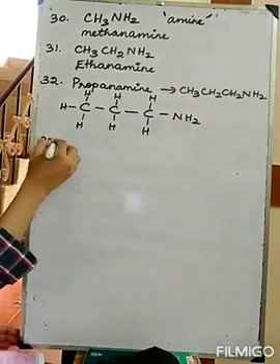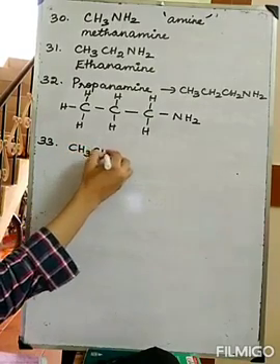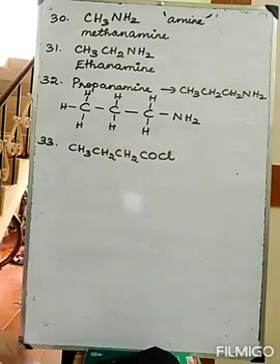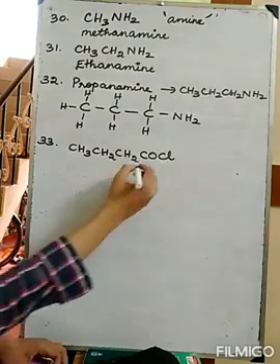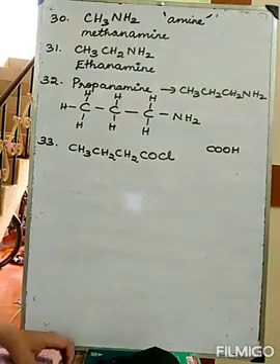Next, question number 33. CH3CH2CH2COCl. What is the functional group here? COOH means it is carboxylic acid.